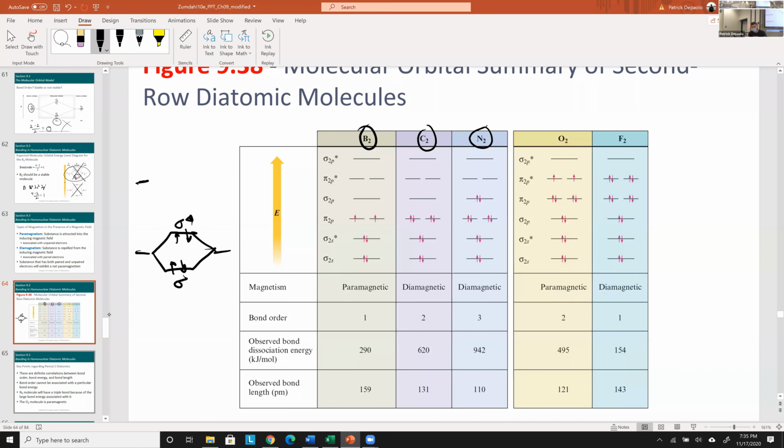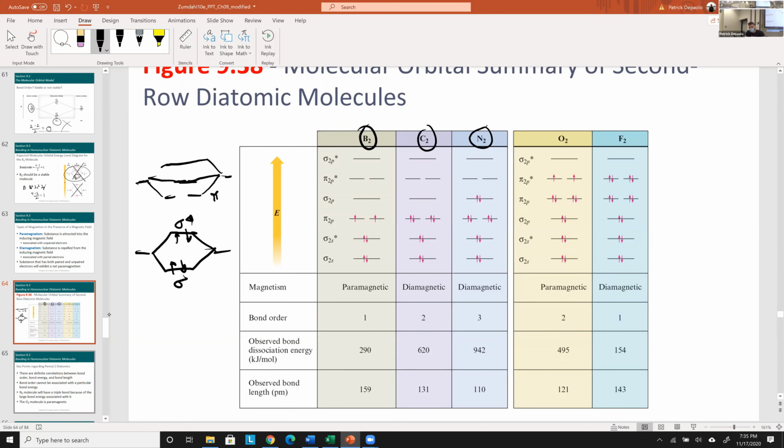Then you get to your p orbitals, which in boron, carbon, nitrogen's case, your pi bonds are actually lower energy than your sigma bond.